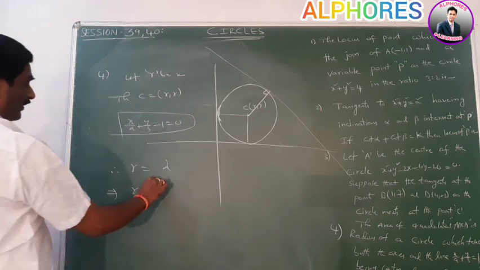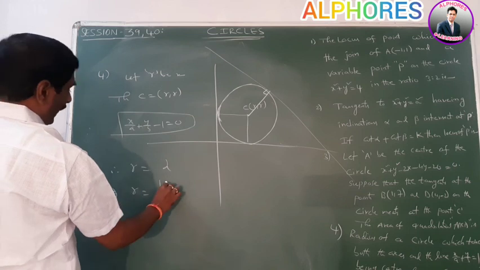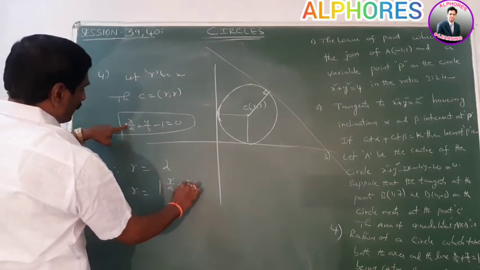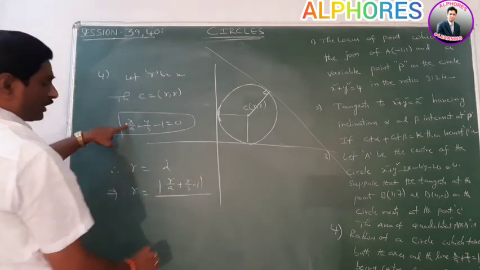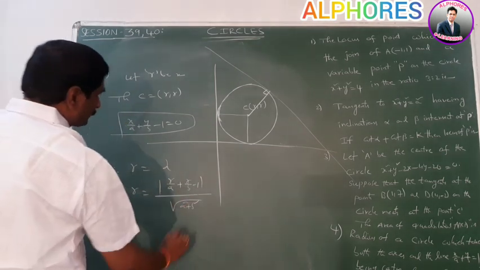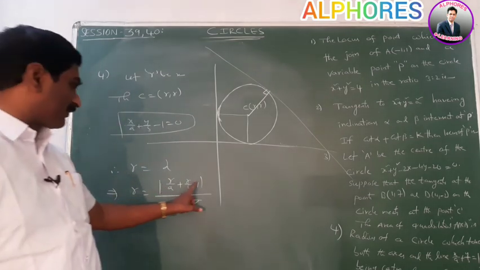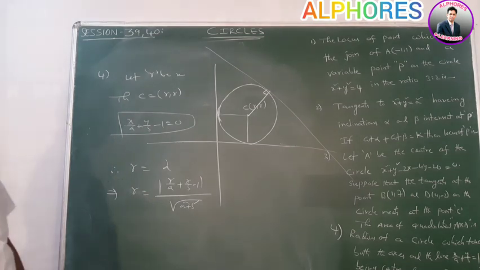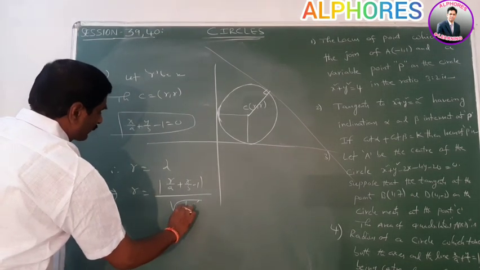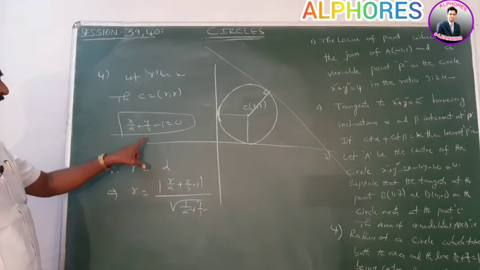That means that value is mod of r by a plus r by b minus 1 by root over a square plus b square, that is, mod of ax1 plus by1 plus c by root over a square plus b square. Here the x coefficient is 1 by a, y coefficient is 1 by b.